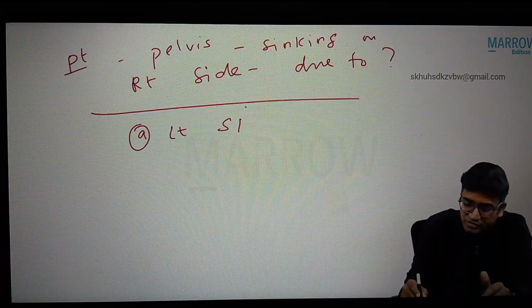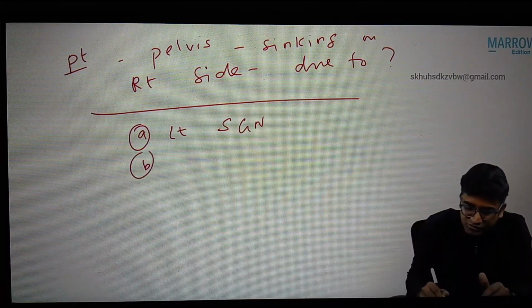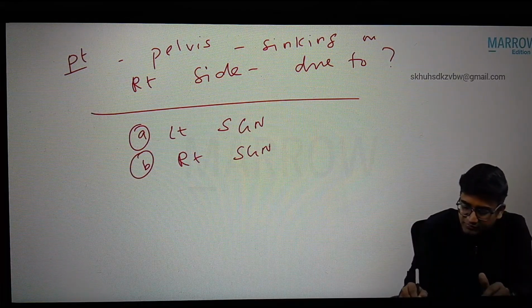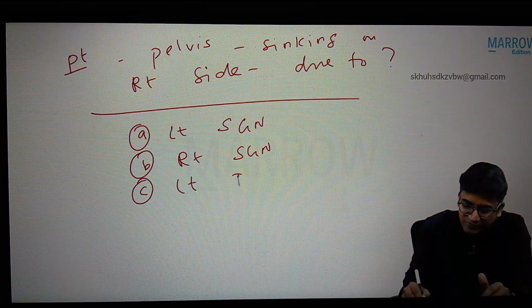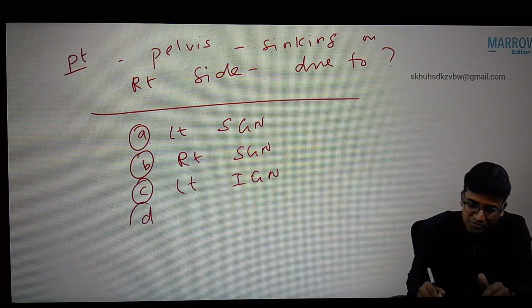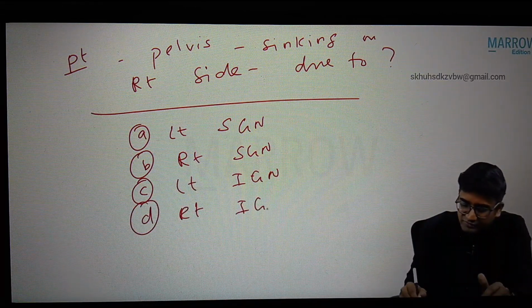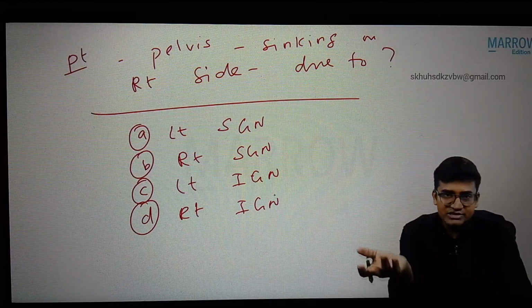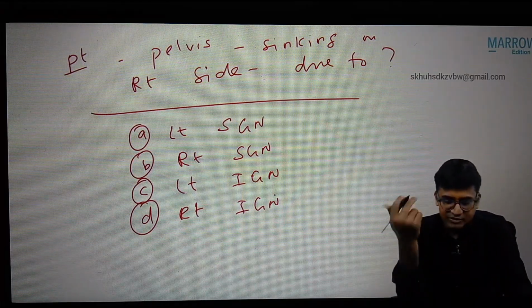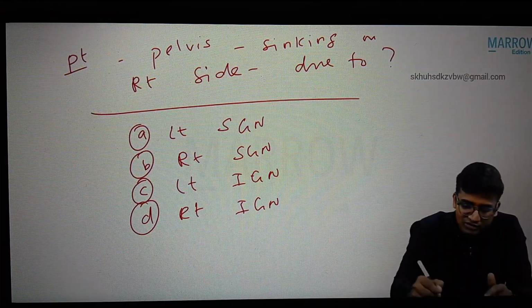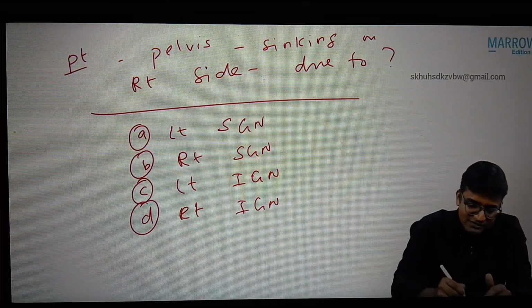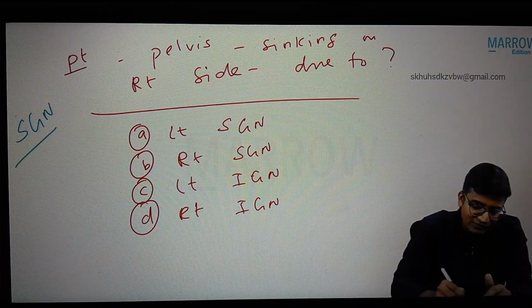Option A, left superior gluteal nerve. Option B, right superior gluteal nerve. Option C, left inferior gluteal nerve. Option D, right inferior gluteal nerve. So they gave clues in the question itself. The patient is having Trendelenburg sign positive and we know the nerve involved is, yes, our superior gluteal nerve.